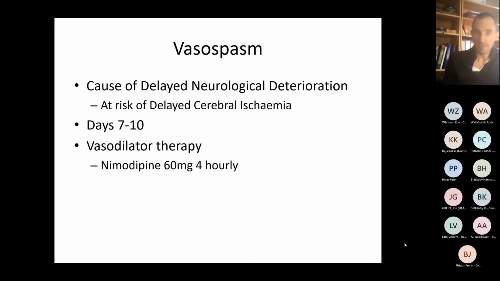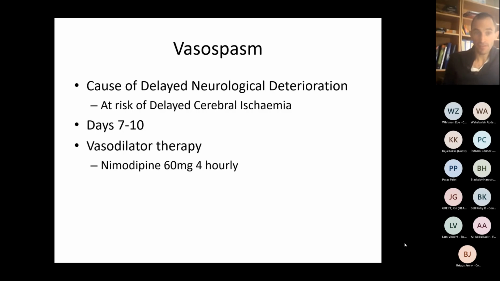It can happen at day 7 to 10, so this isn't the patient who initially presents with the classical history of a subarachnoid with a thunderclap headache and suddenly falling over. This is the patient who's perhaps had their aneurysm dealt with, coiled or clipped, and then later deteriorates on the ward. Certainly had a few patients who suffered that at Queen's.